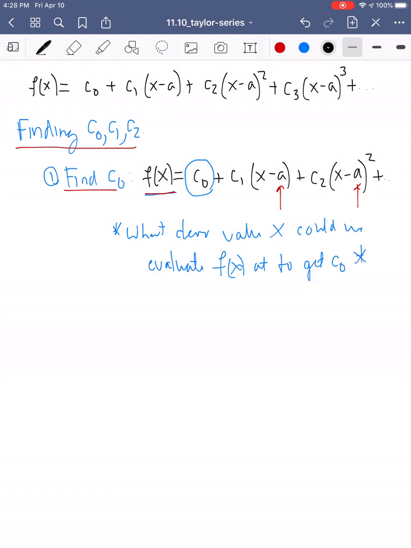And well, if we're staring at this for a little bit, we might be able to convince ourselves to try, say, x equals a. And let's see what happens when we evaluate f of x at x equals a.